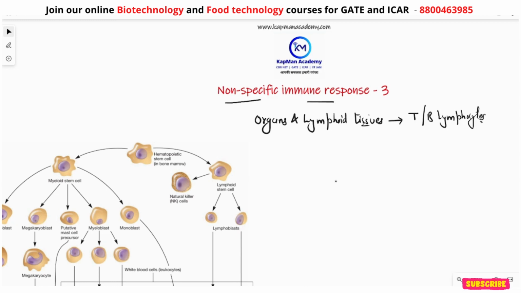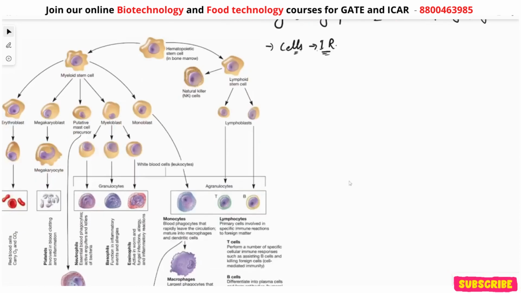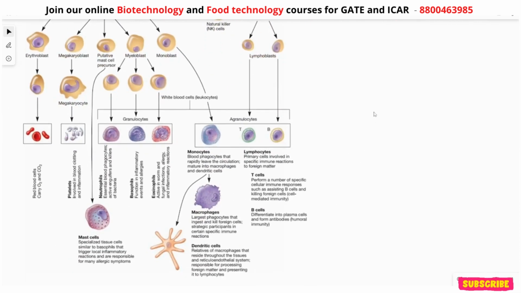Right? So we had already discussed different types of cells which play an important role in different types of immune responses. As we discussed, they are of various types. From them, granulocytes and agranulocytes are the ones which are present in the majority, right?